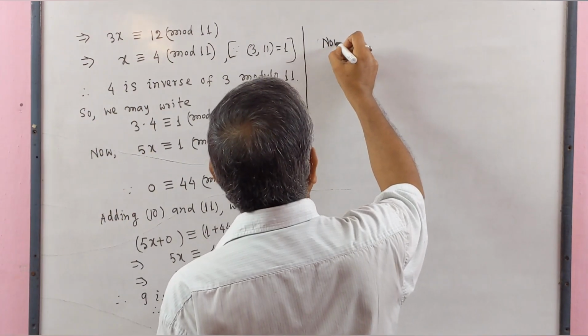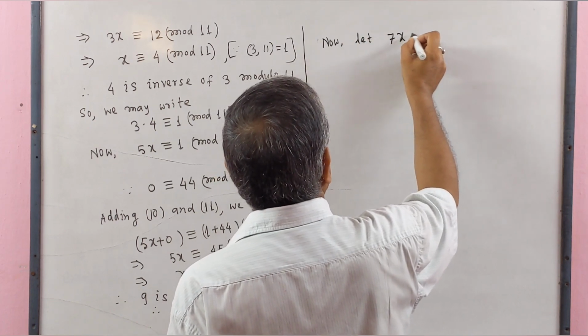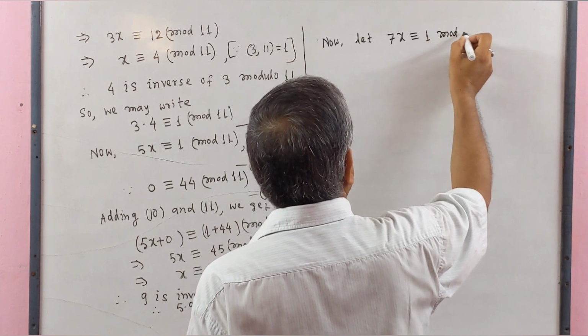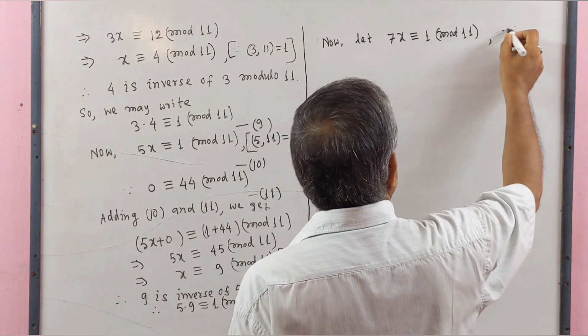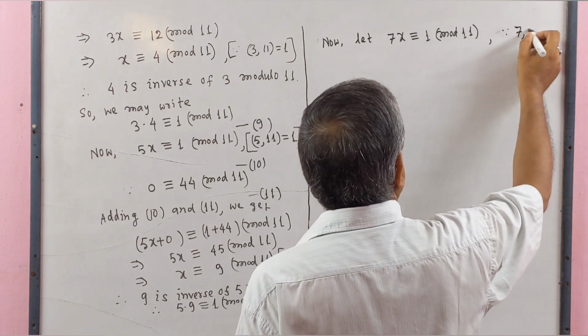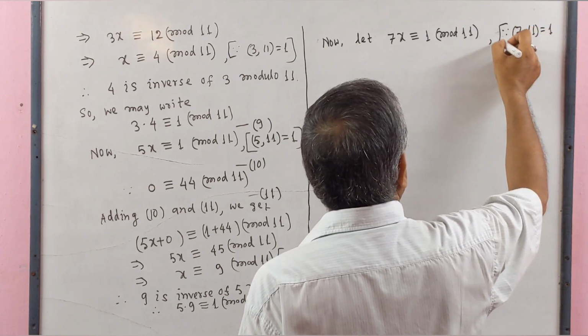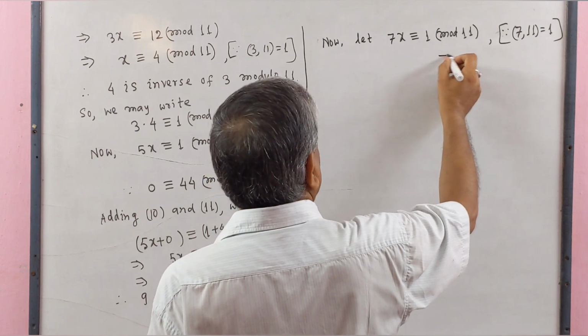Now, let 7x is congruent to 1 modulo 11. Since GCD of 7 and 11 equal to 1, let this be number 13.